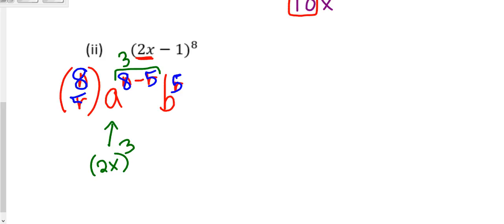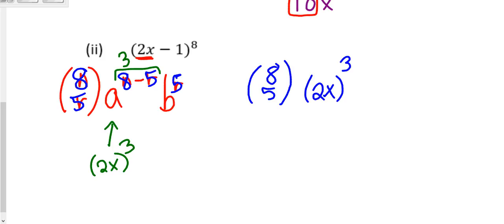So we can fill that in. So we are going to have 8 choose 5, 2x cubed, and -1, be careful with that sign, you do need to bring it over to the 5th.